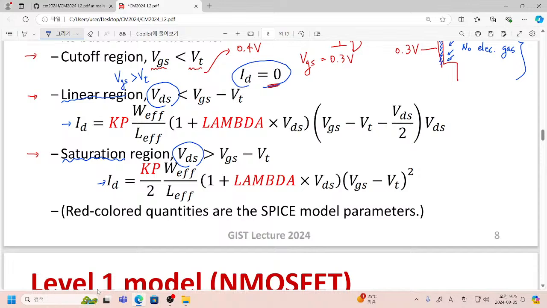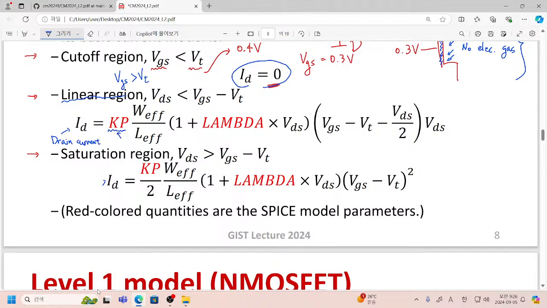If you are quite new to this field, then maybe you are confused by this expression. So let me explain a little bit more. This equation just says that your drain current is given as the result of evaluating the right hand side term, and here you have some numbers or symbols which are introduced in a new way.